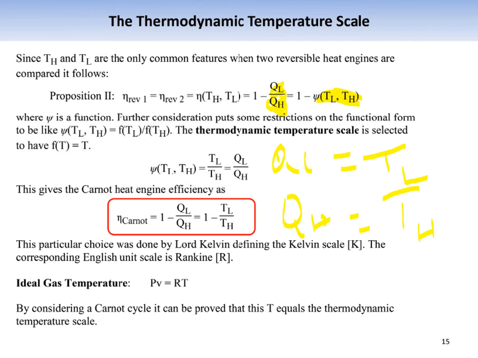So we replace the QL and QH with TL and TH in the thermal efficiency formulation, and we get what is known as the Carnot efficiency. So if this is the thermal efficiency, and we convert into this Carnot efficiency, it is 1 minus TL over TH. Whenever we calculate it, we will find that this is the maximum that we can achieve.